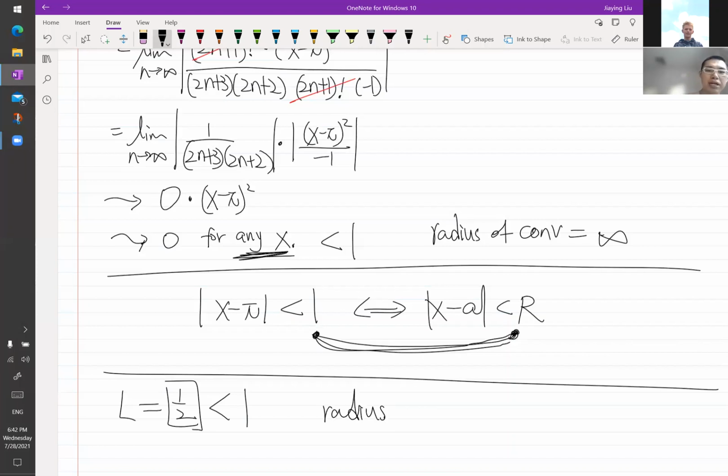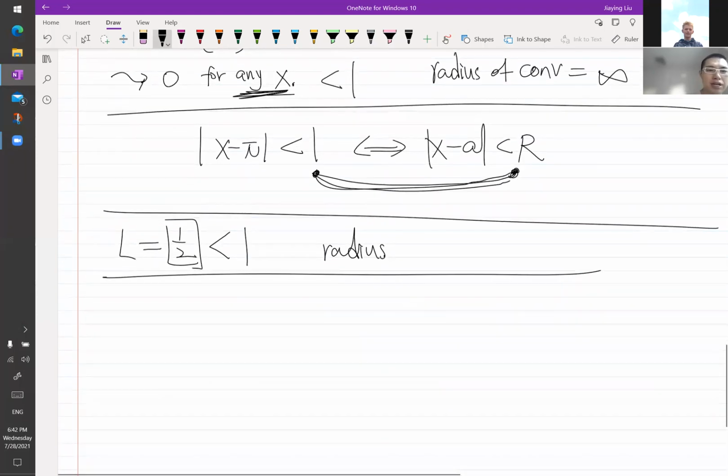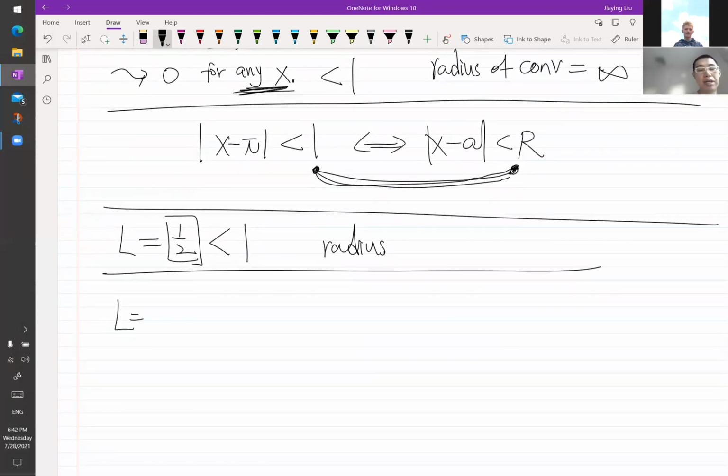But let's say after you take the limit, you get L equals 1/2 times |x minus pi|. I'm just using x minus pi as an example. If you end up with this, you have to set this expression less than 1, because that's when the series will be convergent, when L is less than 1.